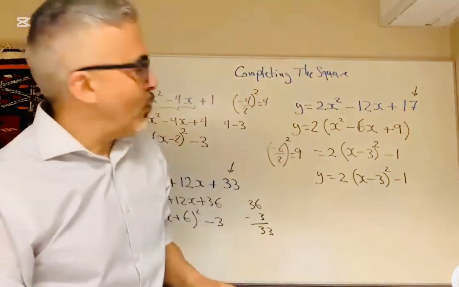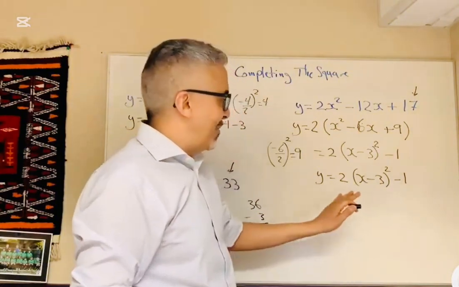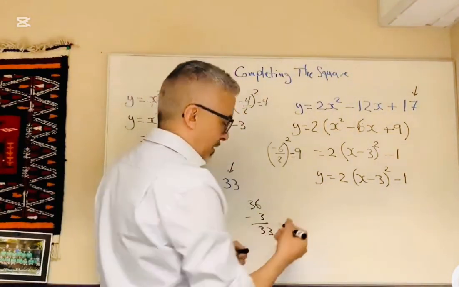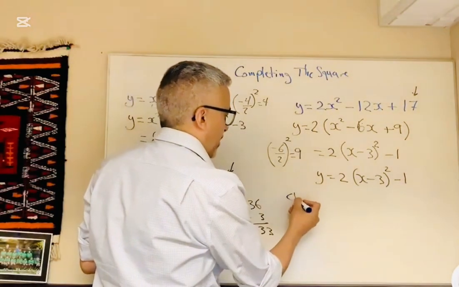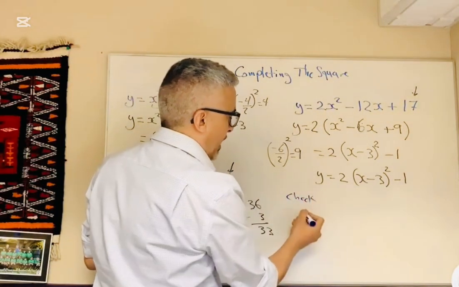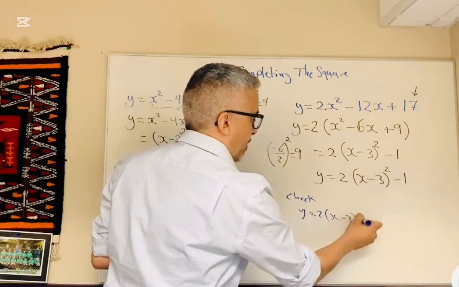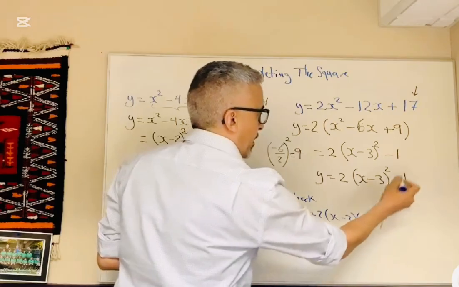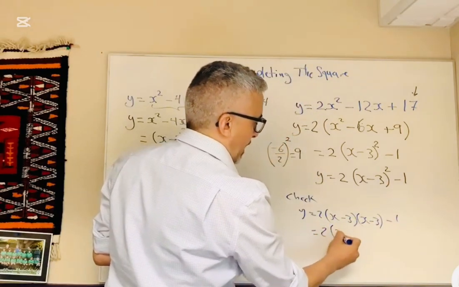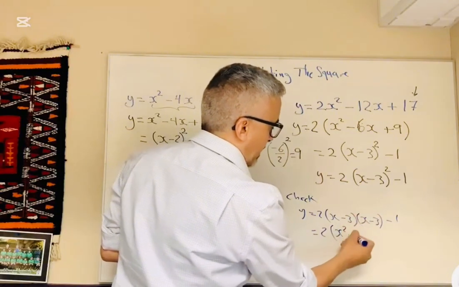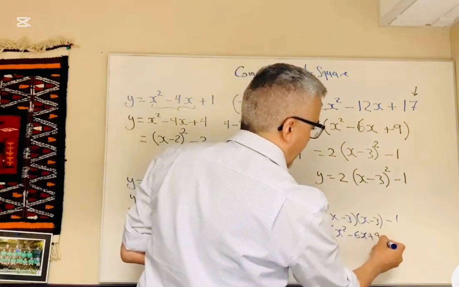Now let's say you want to double check that what I'm doing is right. Then all you need to do is rewrite this here. I'll put that in blue for checking. So y equals 2, write this twice and FOIL it, and you have the minus 1. When you FOIL this, you get x squared minus 3x minus 3x plus 9, since negative 3 times negative 3 is positive 9.